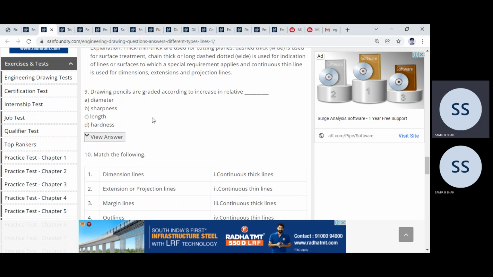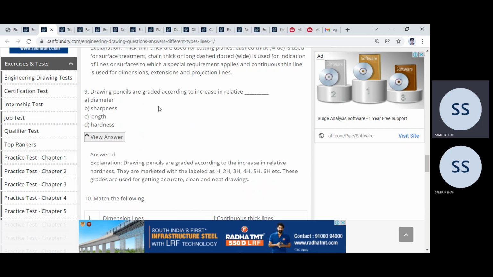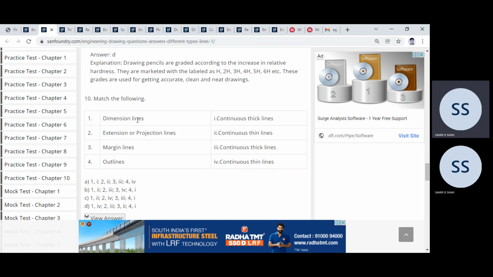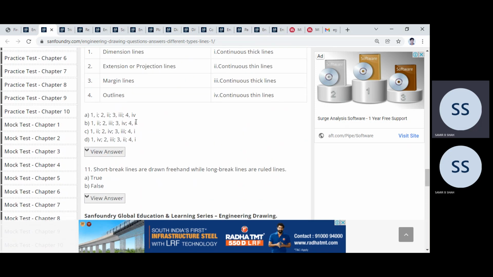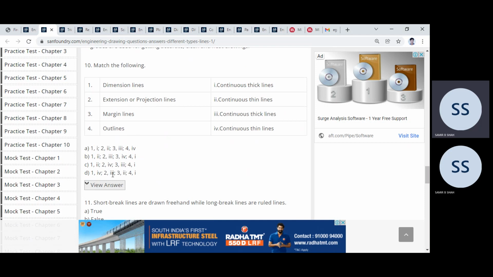Next one: drawing pencils are graded as per increasing what? How do they classify? Most probably they are classified as per their hardness. So remember this. Now the next one: which line indicates which portion?